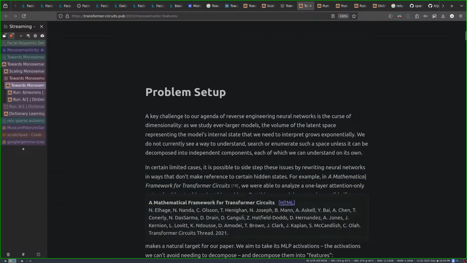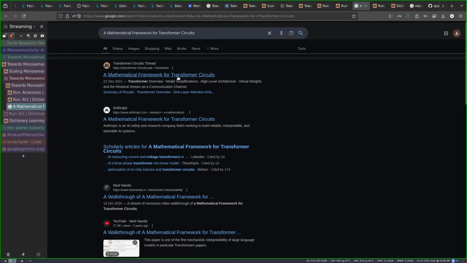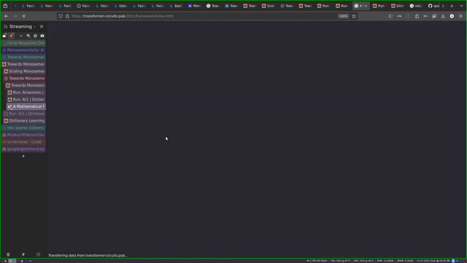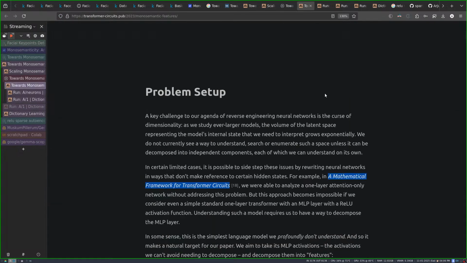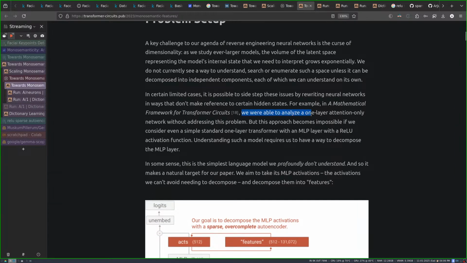What is that? Is it a paper? Is it a book? Oh, it is an earlier paper, or an earlier blog paper thingy. We were able to analyze one layer attention only network without addressing this problem. What problem? Scaling.